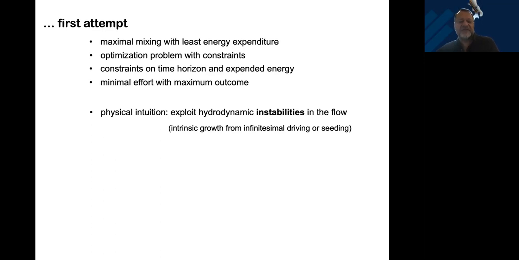Because if you could piggyback on an instability, you would actually use an infinitesimal effort, an epsilon effort, and then let the instability do its amplification and get a maximum output. So we're going to look into this and see whether we can actually exploit these instabilities and get some of this growth from the intrinsic growth of an infinitesimal driving or an infinitesimal initial condition.